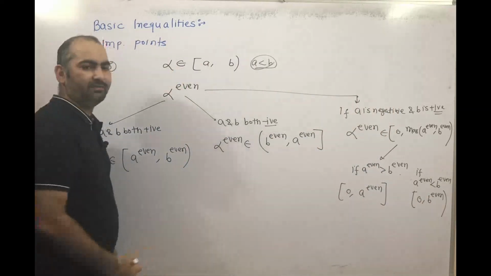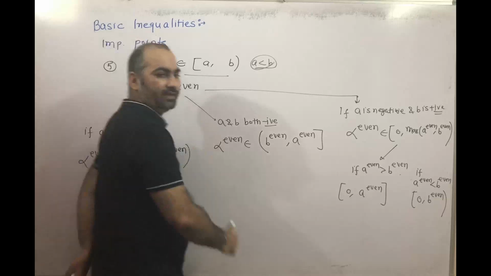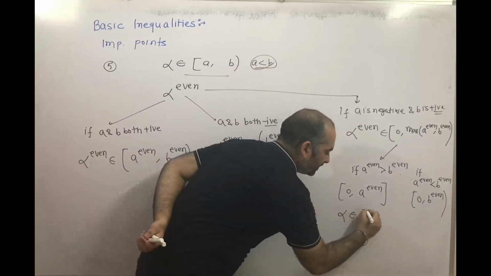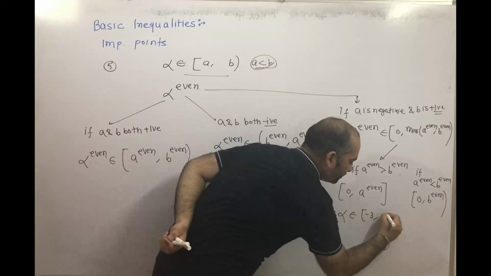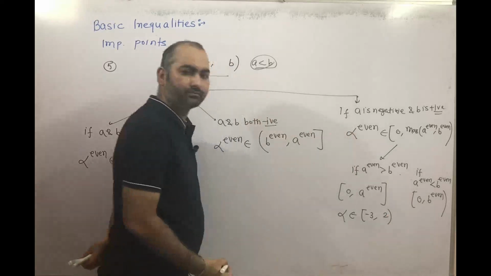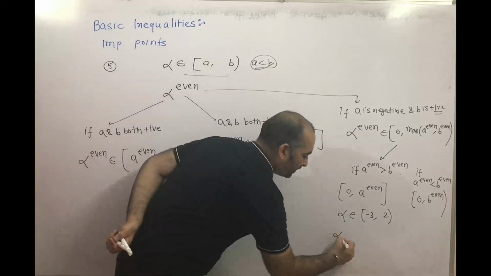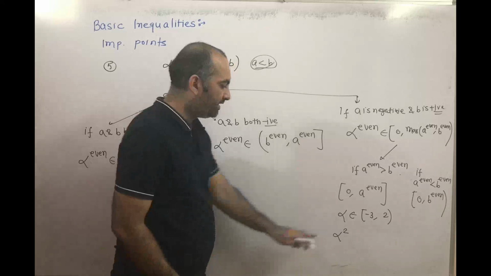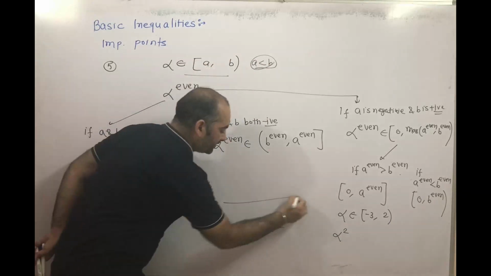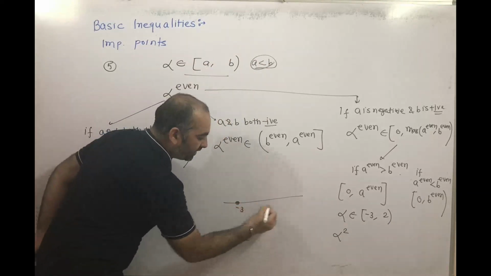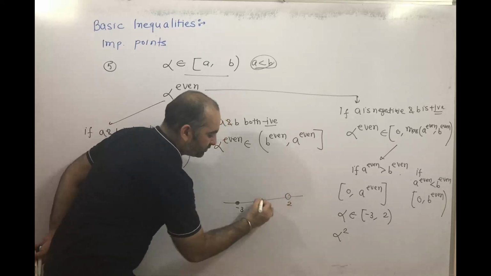For example, in this case, alpha belongs to -3 to 2 with 2 open. Then alpha square belongs to what? On the number line, -3 is included and 2 is not included, and in between 0 will come.